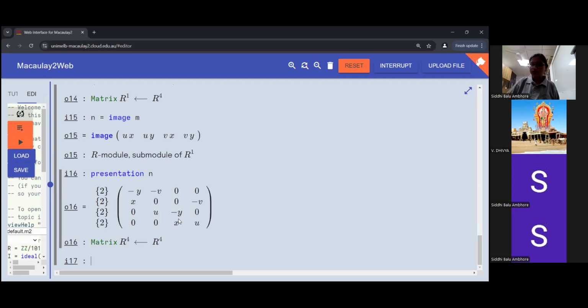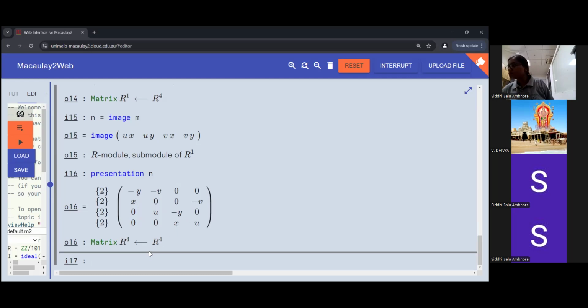So what, the first row here is minus y. Wait. ux, uy, vx, vy, and ux, uy, vx, vy. Or let me just, it will be same, right?